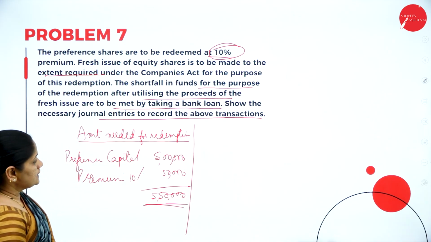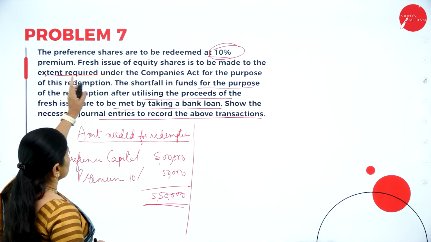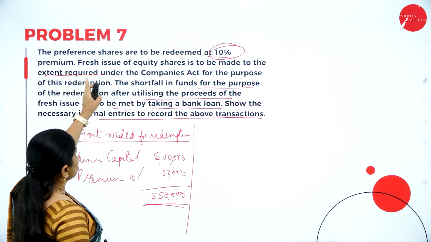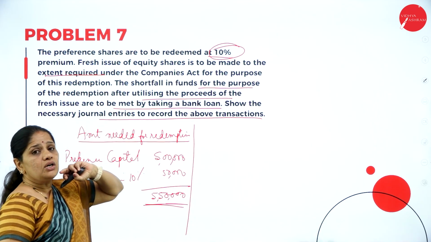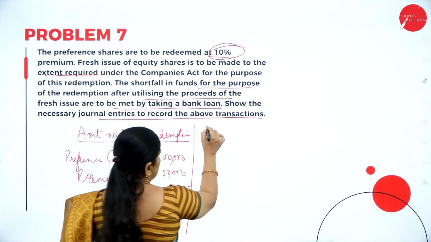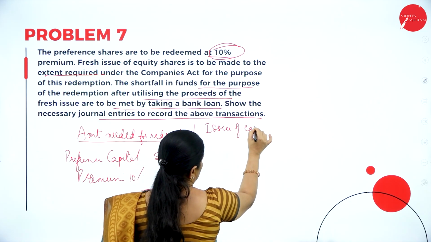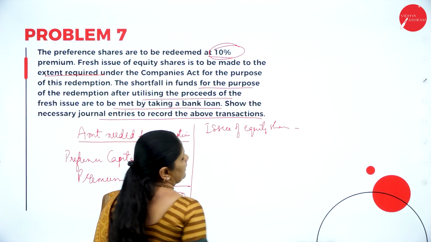Now, what are the things the company has made to raise this 5,50,000? Fresh issue of equity shares to the extent required under the Companies Act for the purpose of redemption. So there is an issue of equity shares, but we don't know how many, that we have to find out.